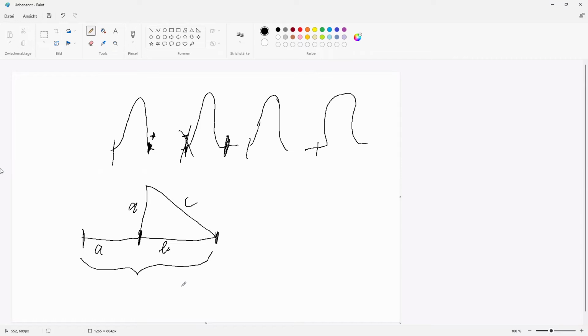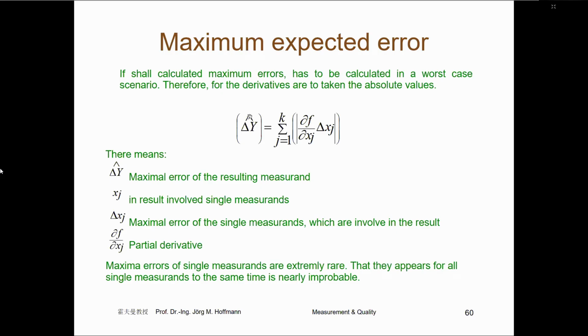Then you use this formula where you calculate the biggest possible error, the maximum expected error.